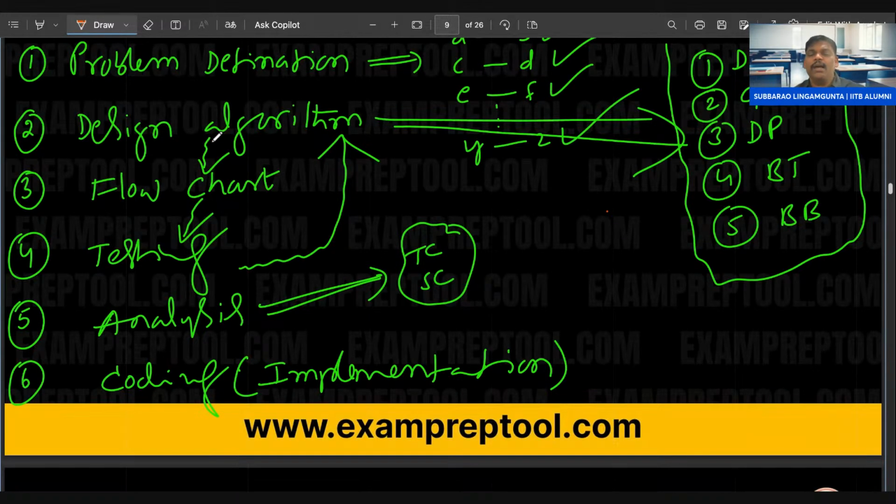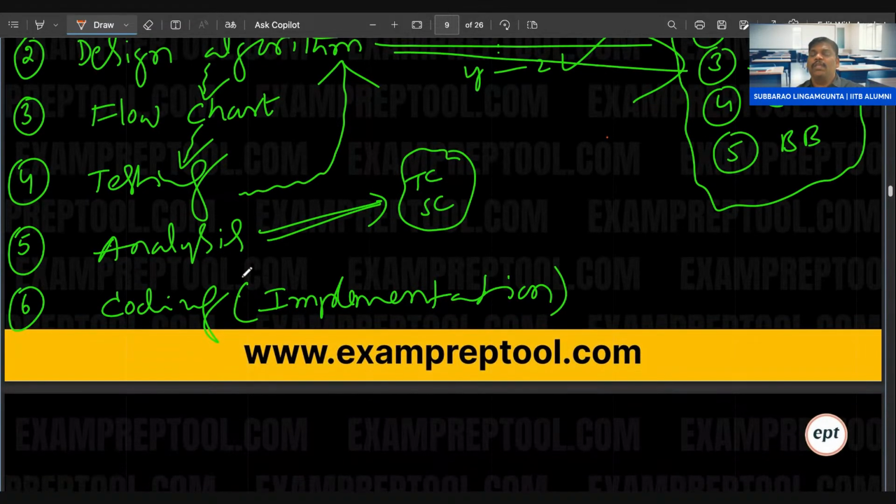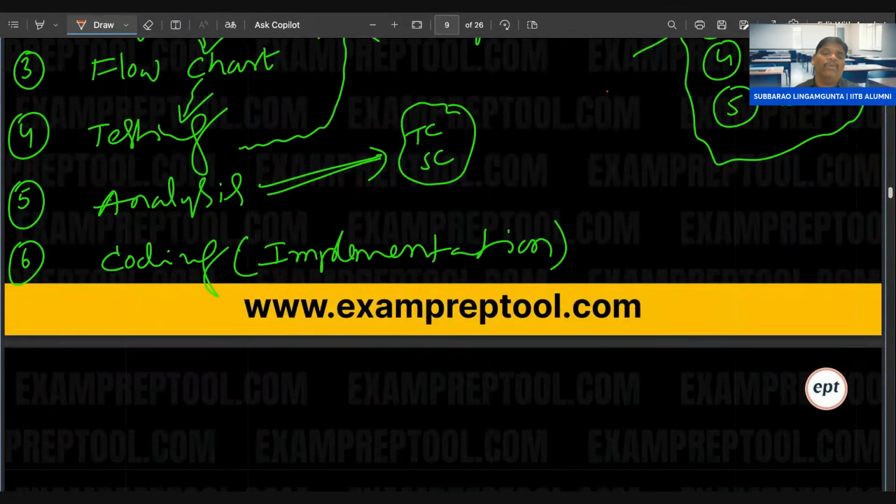After getting the algorithm, draw the flow chart and do testing, to check whether the flow chart you have drawn is everything okay or not. Everything perfect, then go for analysis. What is the time, what is the space, you decide. Suppose time and space are also best, then lastly go for coding. After coding, if you want, you can write testing once again. This testing is on coding. Previous testing is on logic.